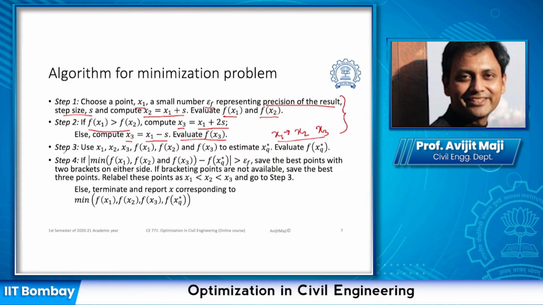step 3 starts. This is where we are going to have these 3 points and the function values at those 3 points, and once we know that, we can easily estimate the optimum point based on the quadratic equation or the function I just discussed in the previous slide.